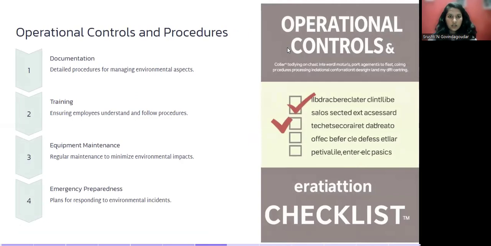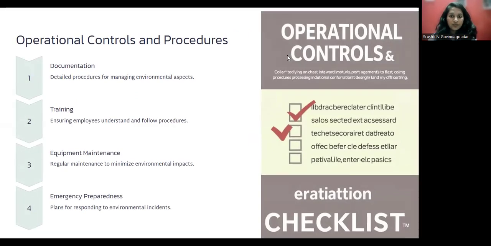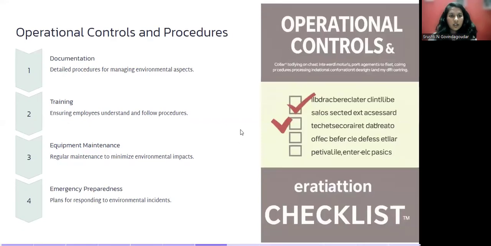First comes documentation. You must document each and every detail that you will be undertaking in this process. Training: employee training plays a very important role, as employees must know what all the procedures are and what steps are included in the maintenance of the EMS. Emergency preparedness: being ready to handle any such situations which appear in the EMS.